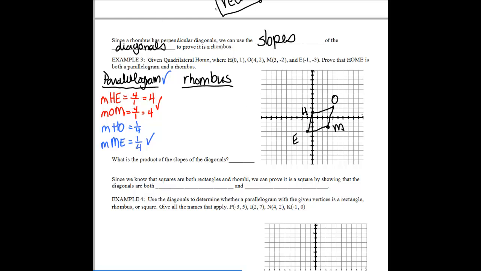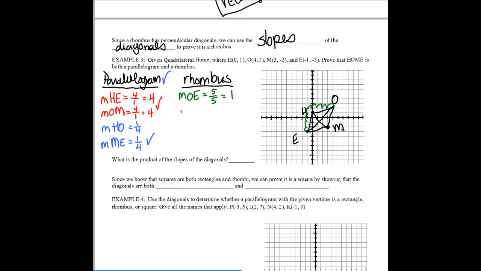So to do that, we need to find the slope of its diagonals. So these two lines here. So first, the slope of OE, which is 5 up and 5 left, so that's just 1.